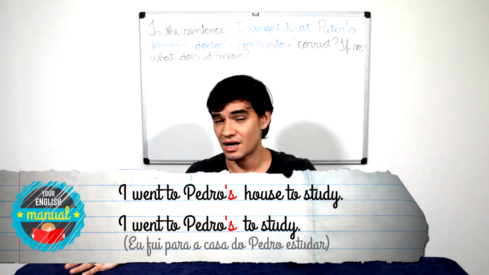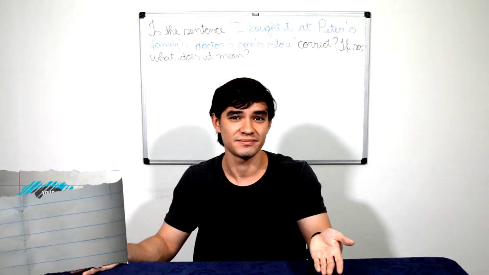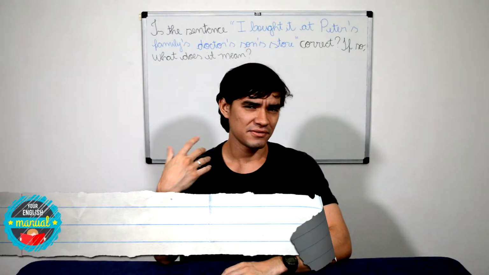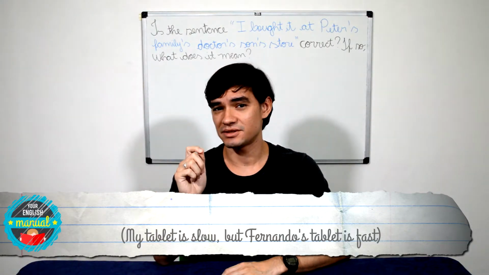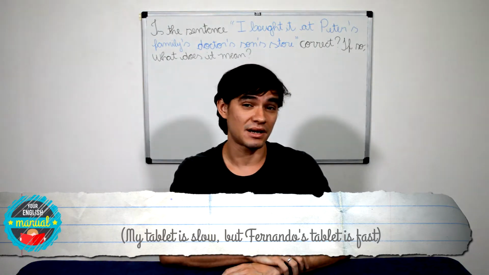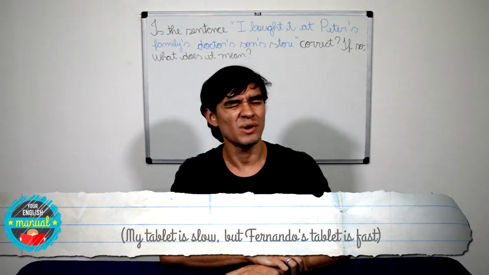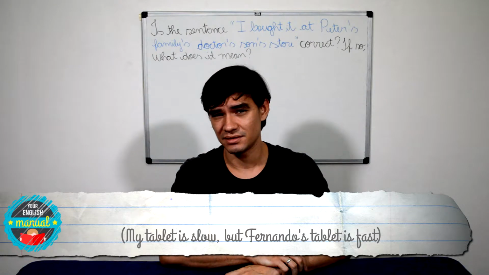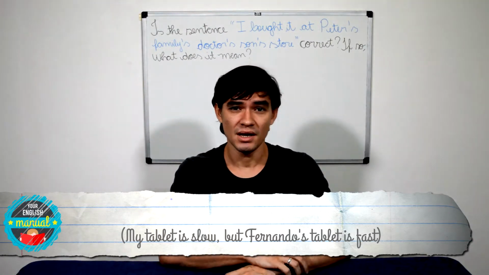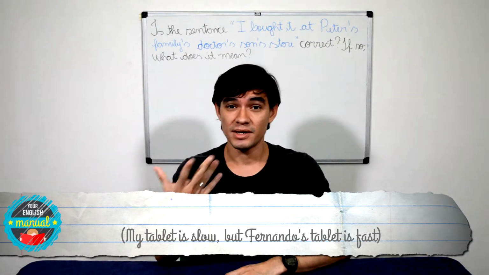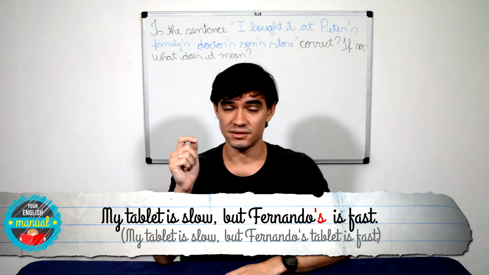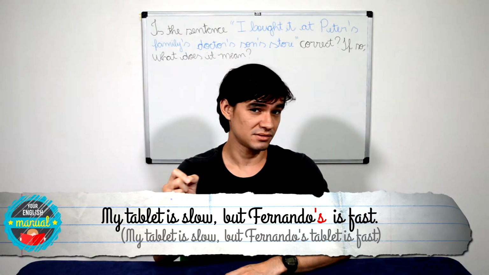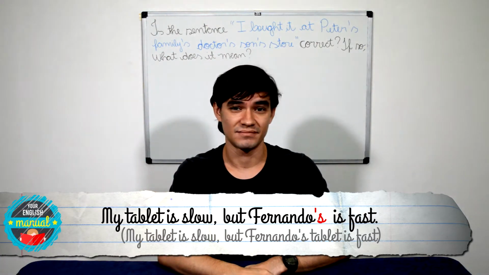You know it's his house because of the context. If I say my tablet is slow, but Fernando's tablet is fast, do I need to repeat the word tablet? No. It's the same thing. We can say my tablet is slow, but Fernando's is fast.